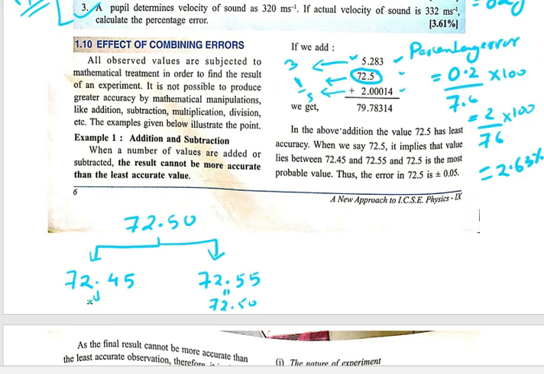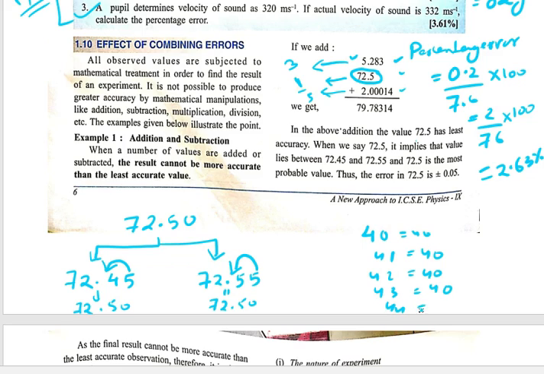If the last digit is 5 and the digit previous to it is even, then we increase it. But if the digit previous to it is odd, then we write the number as it is. So 40 is equivalent to 40 if we round off. 41 is equivalent to 40, 42 is equivalent to 40, 43 is equivalent to 40, 44 will also be equivalent to 40, round off.